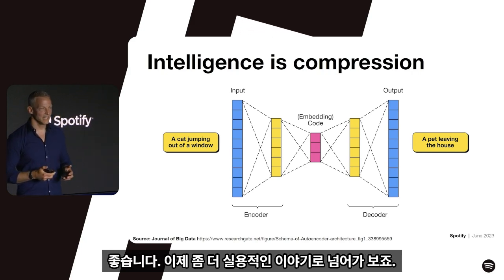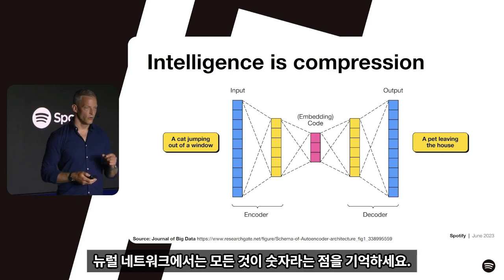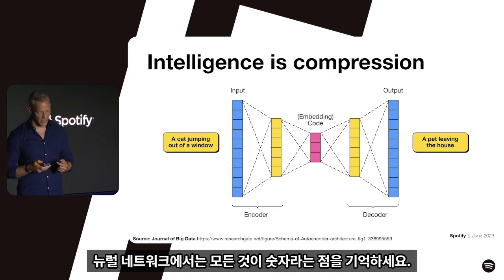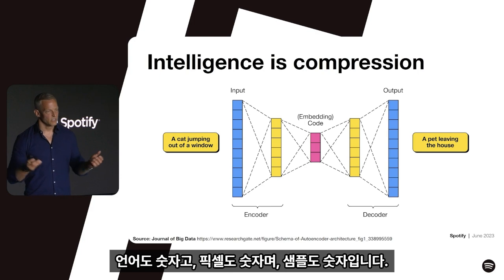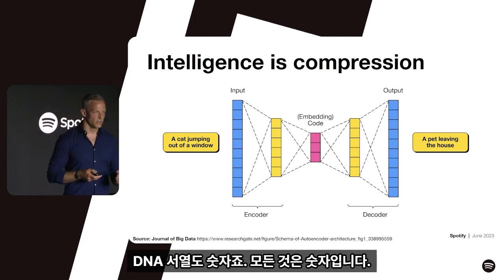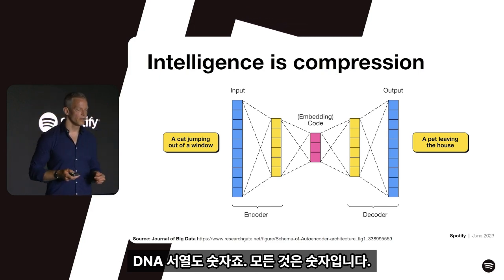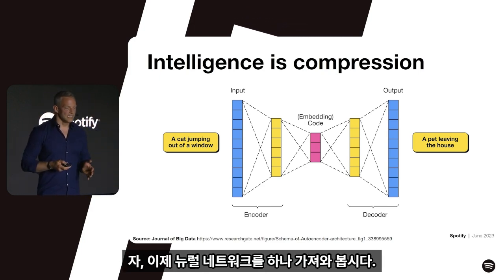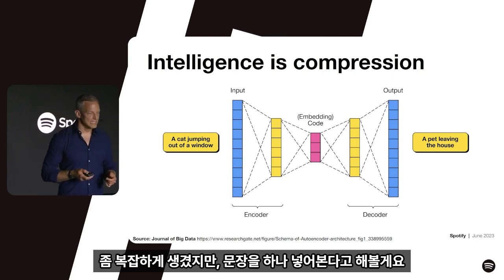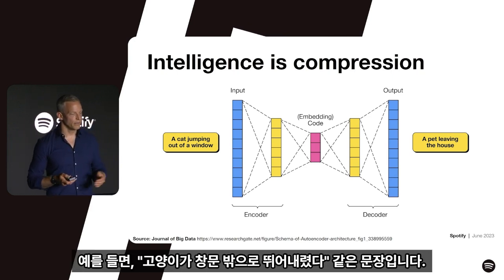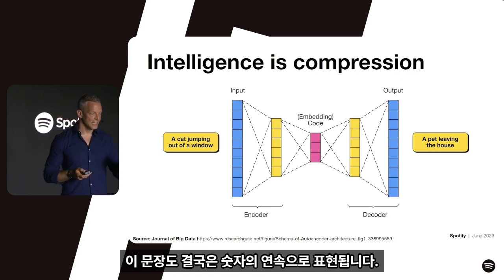All right, let's get a little bit more practical here. Remember, to a neural network, everything is just numbers. Language is numbers, pixels are numbers, samples are numbers, DNA sequences are numbers, anything is a number. So if we take this neural network that looks a bit funky, let's say we take a sentence like a cat jumping out of a window, which will be represented as a sequence of numbers.